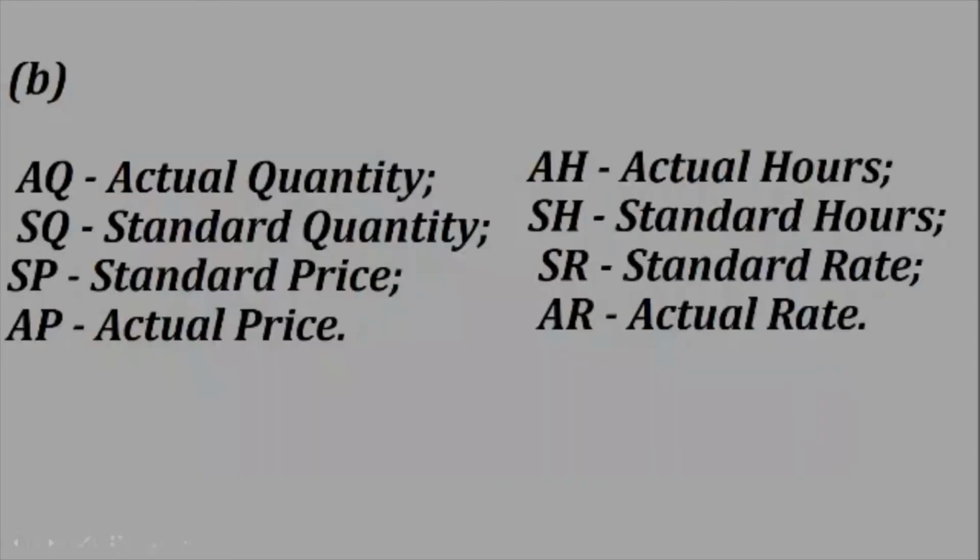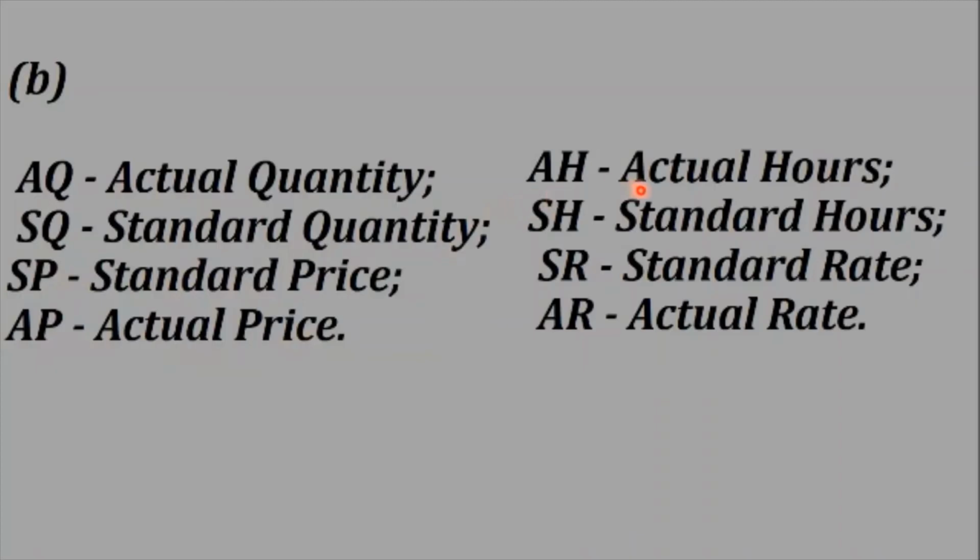To calculate the variances, I'll be using these standard abbreviations. AQ would be the actual quantity of materials, SQ is the standard quantity of materials, SP is standard price, and AP is actual price.